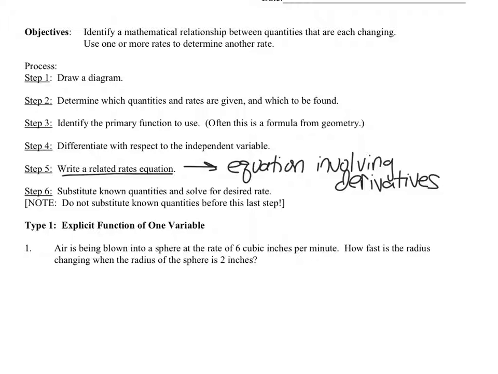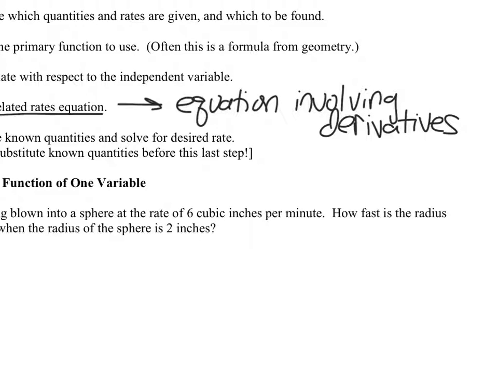So the air is being blown into a sphere at a rate of 6 cubic inches per minute. All right, so we want to identify what we have here. A rate of 6 cubic inches per minute. I know that's a measure of a derivative. Per minute would be some unit of time. Cubic inches is a measure of volume.